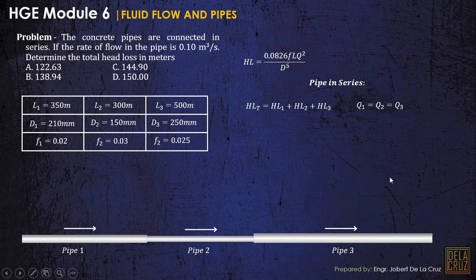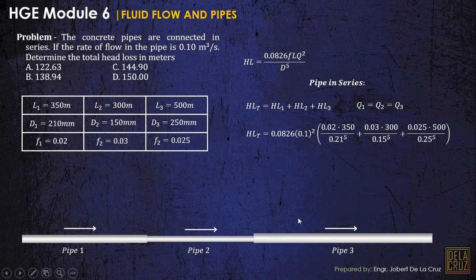Since we have the data here, the friction, the length, and the discharge, which must be constant, and the diameter of the corresponding pipes, we can directly solve this using that formula. So, directly: 0.0826, and our discharge is 0.1.